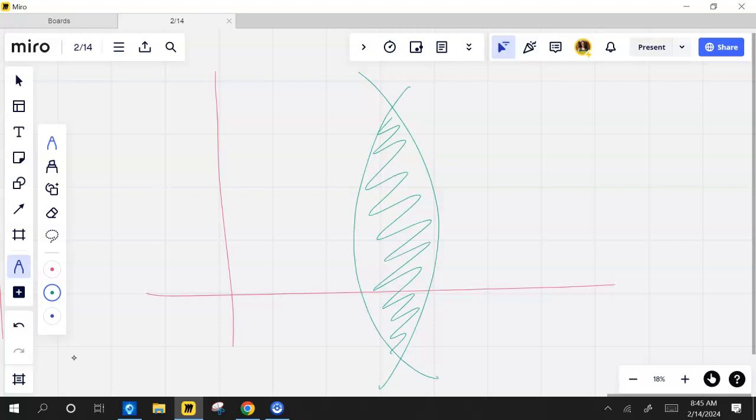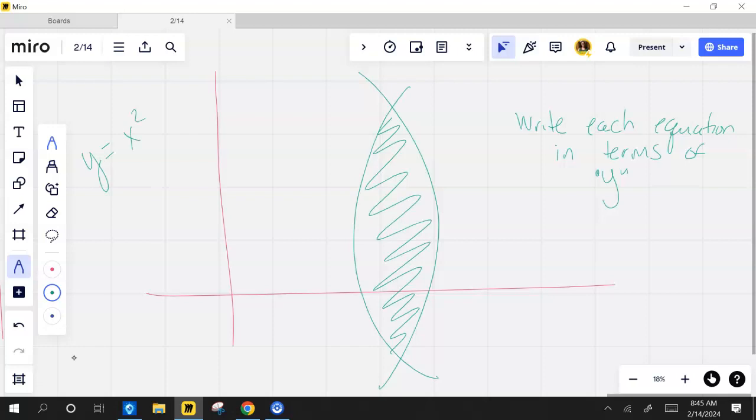So in order to find the area between these two curves, what I do is I write each equation in terms of y instead of x. In other words, what you're used to working with is something like y equals x squared.